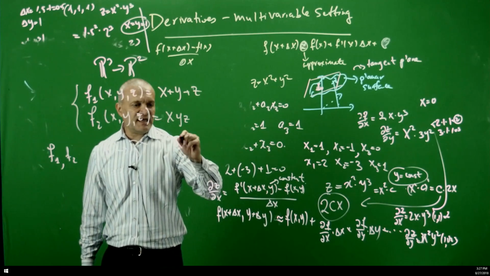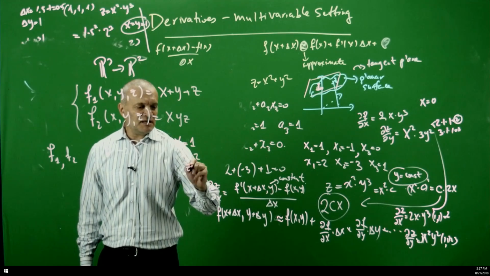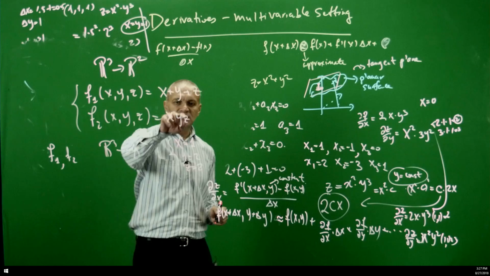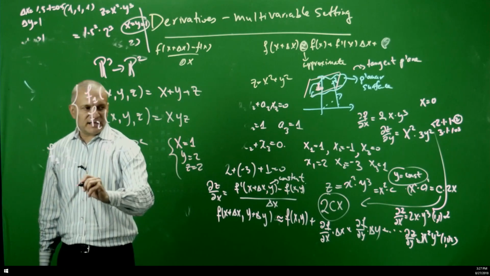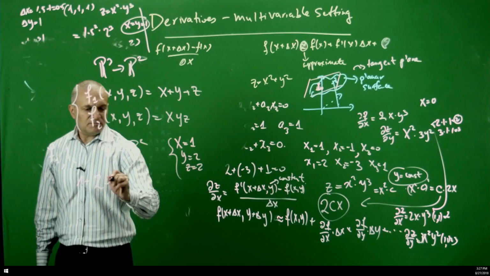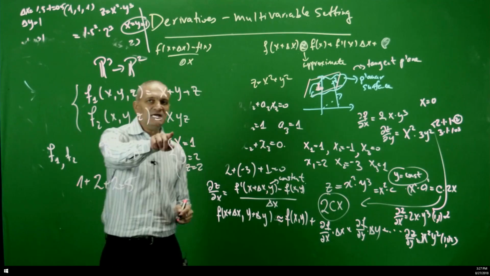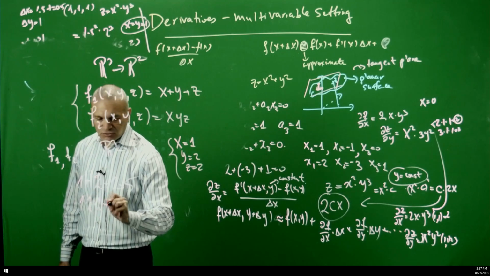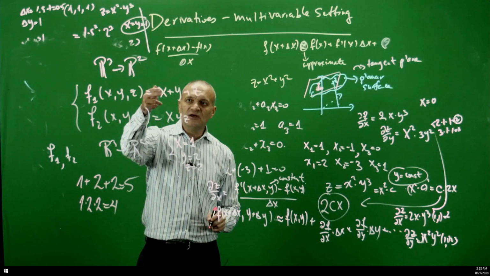Say you have a point x equals 1, y equals 2, and z equals 2. What will be the corresponding point in R2? This is going to be 1 plus 2 plus 2, which is 5, and 1 times 2 times 2, which is 4.